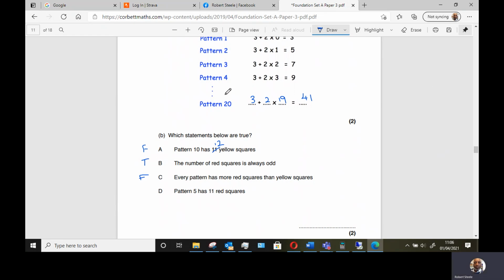Does pattern 5 have 11 red squares? Already established that we're going up in 2s for the red squares. So that's true.